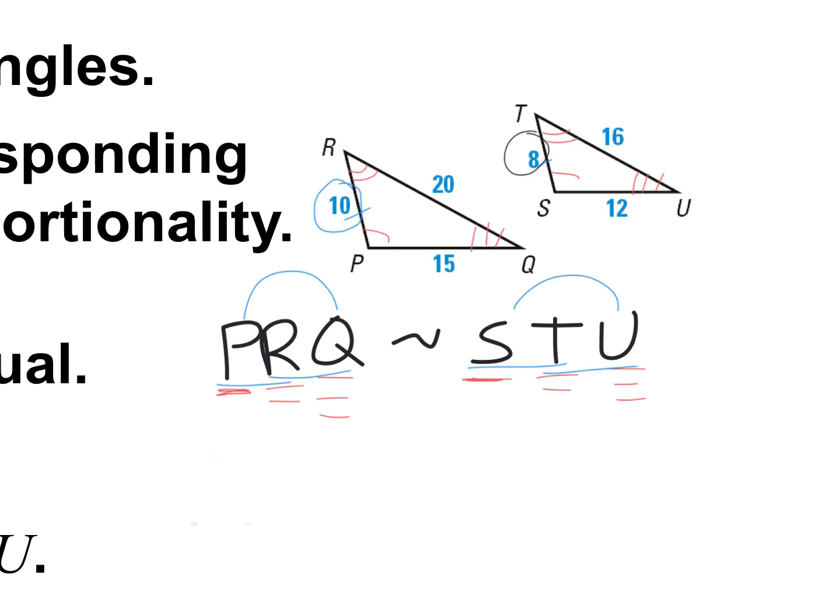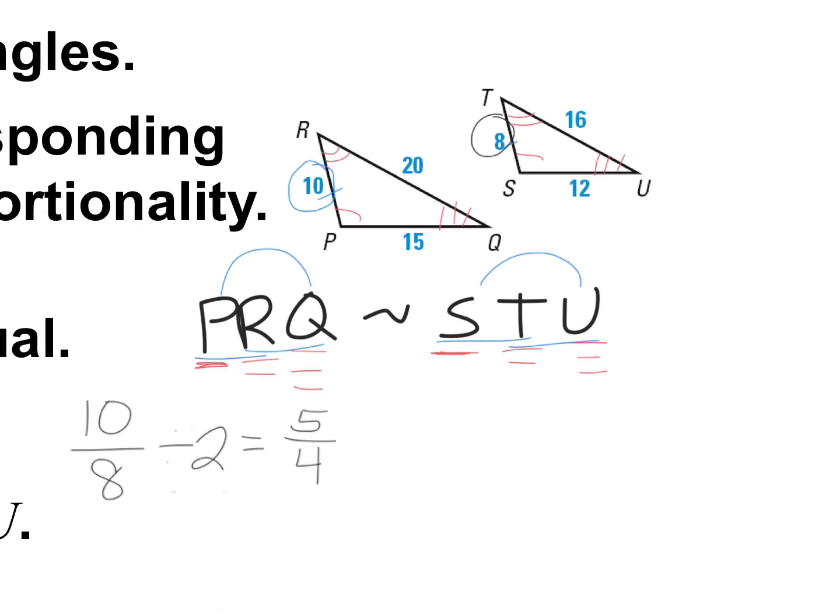We said PR was congruent to ST. So we're going to have 10 on the top and then 8 on the bottom. Can that be reduced? Yeah, by 2. Divide both of these by 2 to get 5 over 4. Yep.